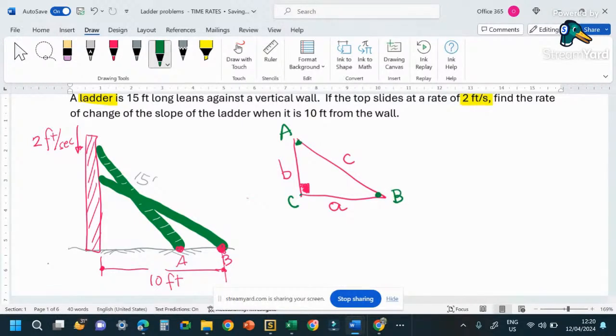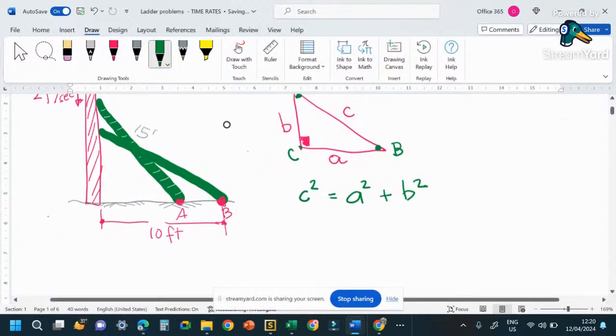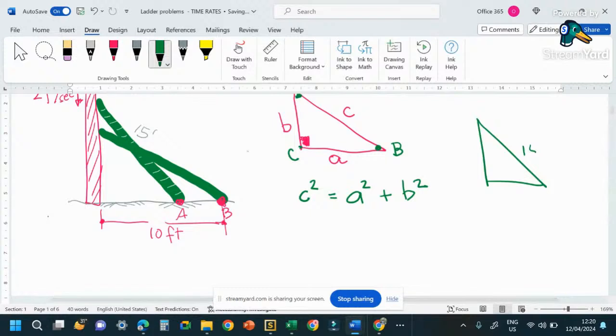This is the corner C, and the side C will be on the other side, which is the hypotenuse. It says in the Pythagorean theorem that the square of the hypotenuse is the sum of the squares of the other sides. Okay? Now, from our question here, our hypotenuse is 15 feet.